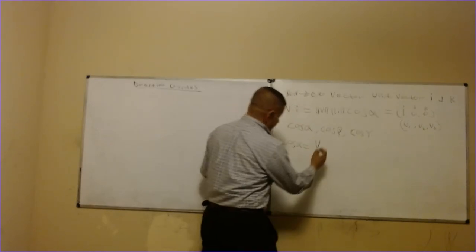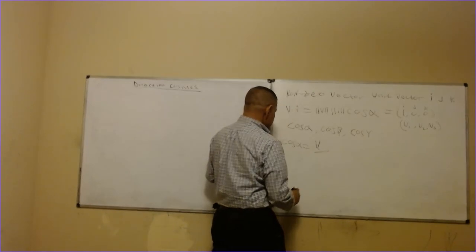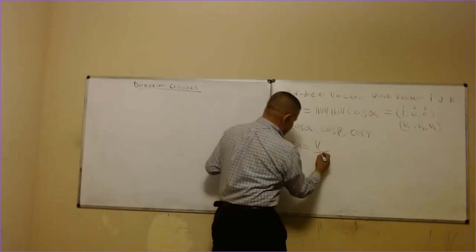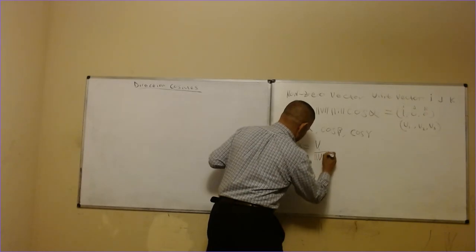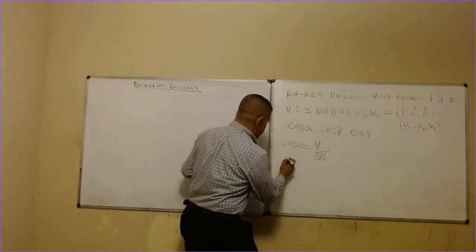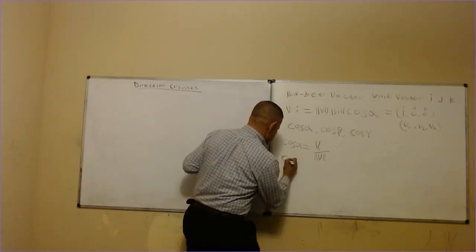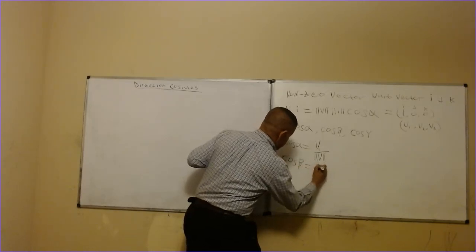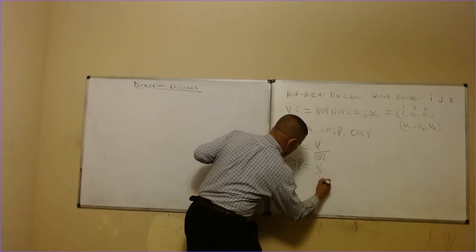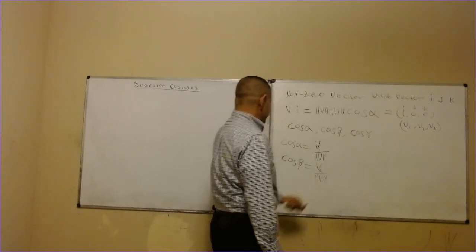So now we can say that this is going to be V1 over that magnitude, and then we say that cosine of beta is equal to V2 over the magnitude of that vector, right?